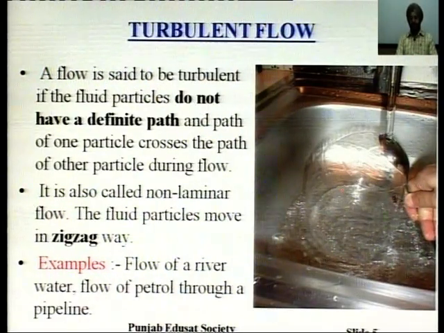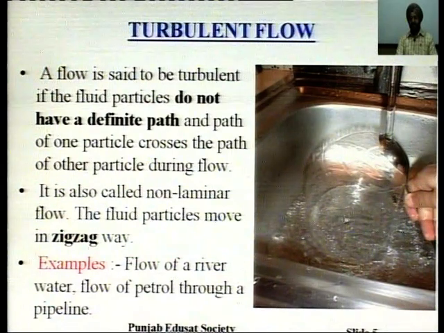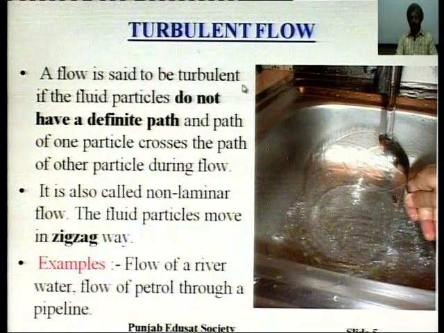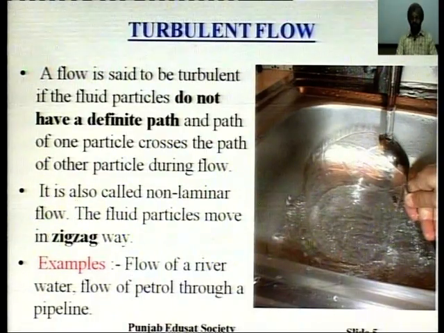Regarding the turbulent flow, in the previous case, if we introduce a spoon in between, then this particular flow which you can see here, the zigzag or indefinite flow, is the case of turbulent flow. A flow is said to be turbulent if the fluid particles do not have a definite path.